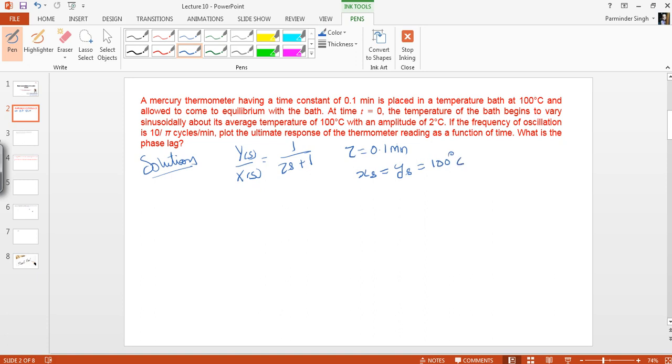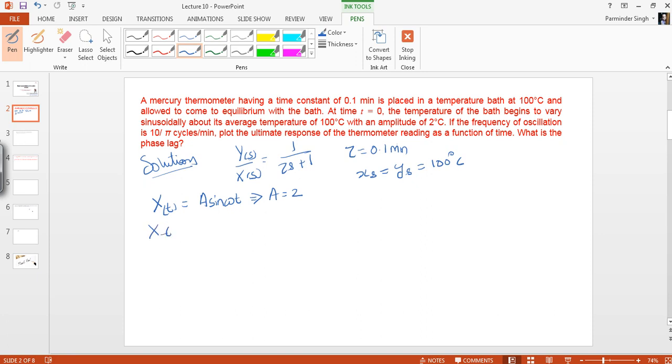Celsius. Now at time t equal to 0, the bath temperature varies sinusoidally, so the input, in deviation variable capital X(t), is A sin omega t, where A is 2 because the amplitude is 2.